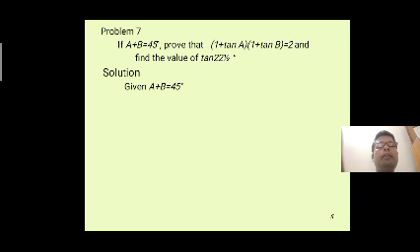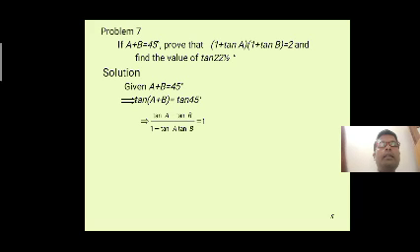Given the condition A plus B equals 45 degrees, we apply tan on both sides: tan of A plus B equals tan 45 degrees. We know the tan of A plus B formula is tan A plus tan B divided by 1 minus tan A into tan B, equal to tan 45, whose value is 1.